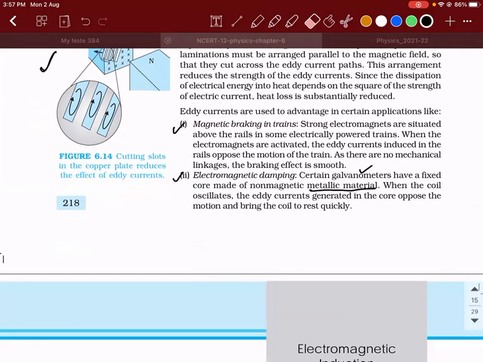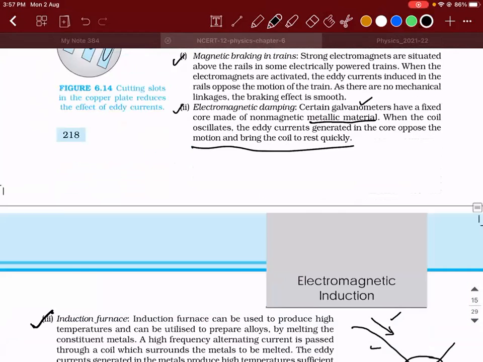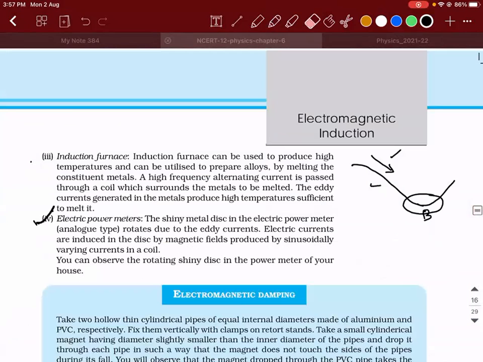Okay, so this is one of the applications. Third, it is used in induction furnaces. I told you how eddy currents can generate heat. An induction furnace can be used to produce high temperatures and to prepare alloys by melting the constituent metals. They take a high frequency alternating current and pass it through a coil which surrounds the metals to be melted.